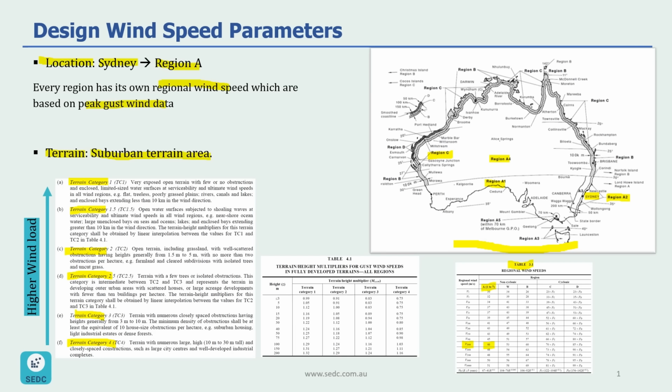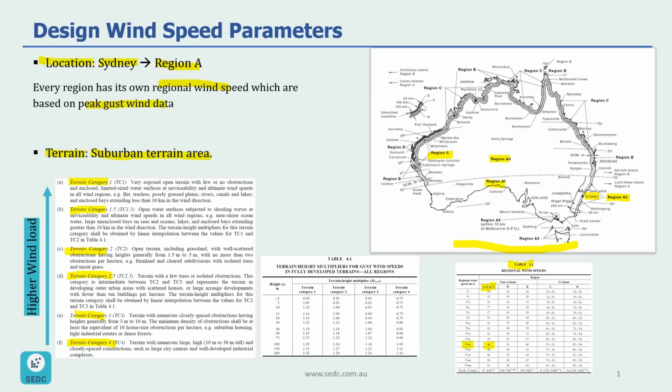For example, if we look at terrain category 1 as an example, it says it's for very exposed open terrain with few or no obstructions and enclosed limited size water surfaces at serviceability and ultimate wind speeds in all wind regions, e.g. flat, treeless, poorly grassed plains, rivers, canals, and lakes, and enclosed bays extending less than 10 kilometers in wind directions.